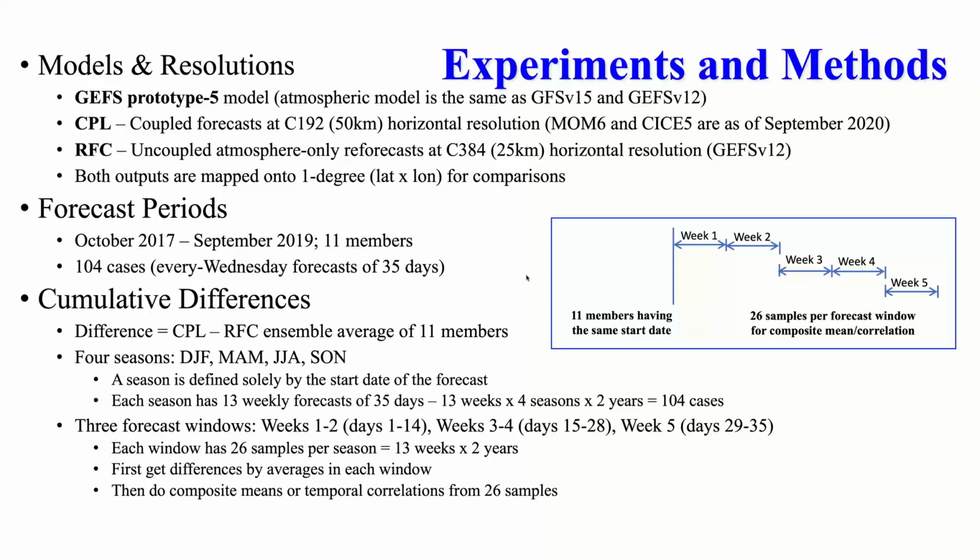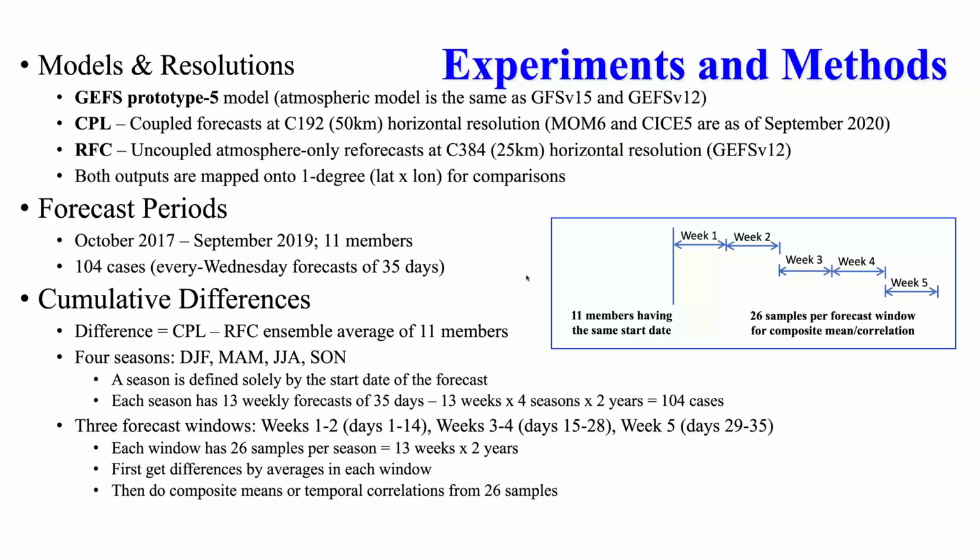I just want to note that the coupled one is at lower resolution, about 50 kilometers, than the reforecast, so we have to bear these differences in mind when we go through the analysis of the results. For some variables we assess, it is actually at an even lower resolution. So we finally decided to use a 1 degree common grid to compare the 2 products.